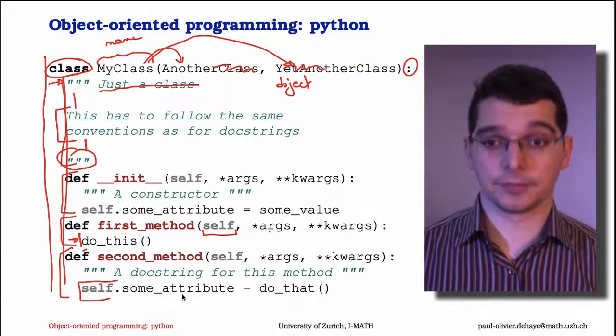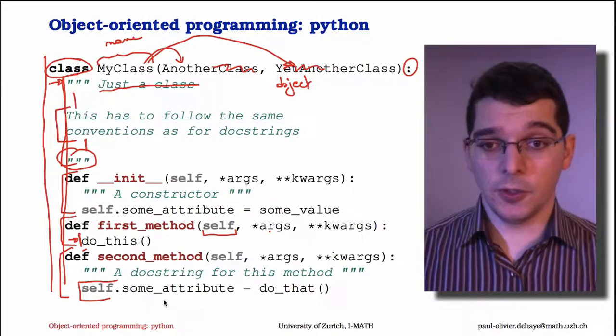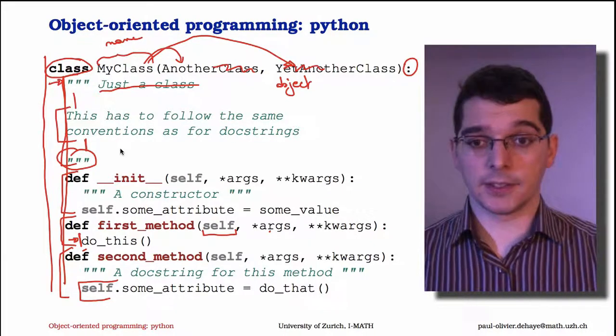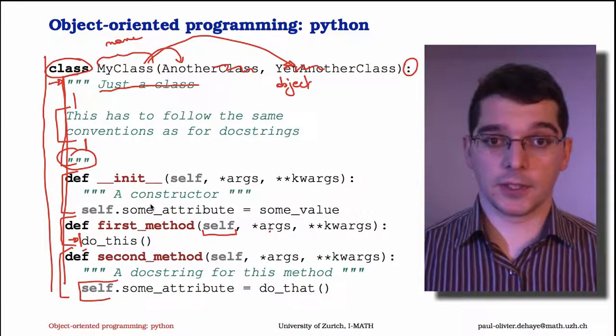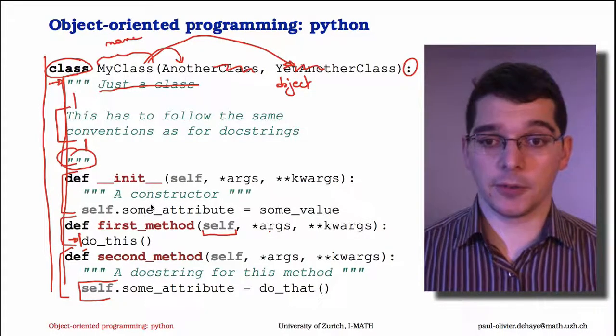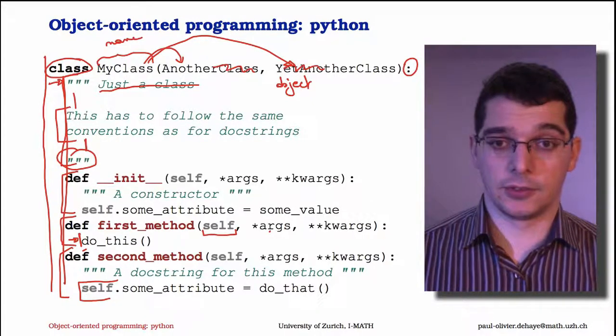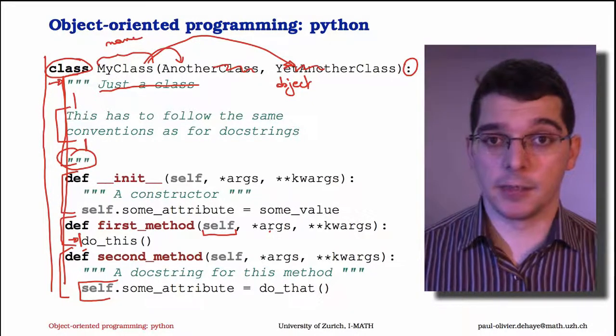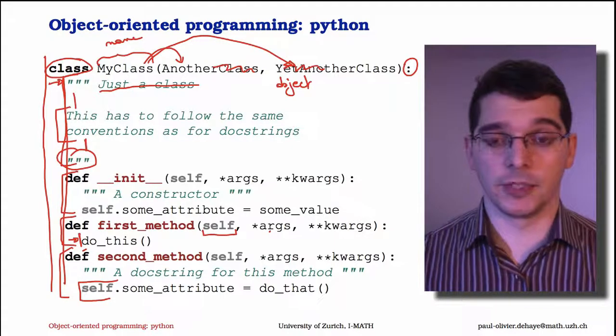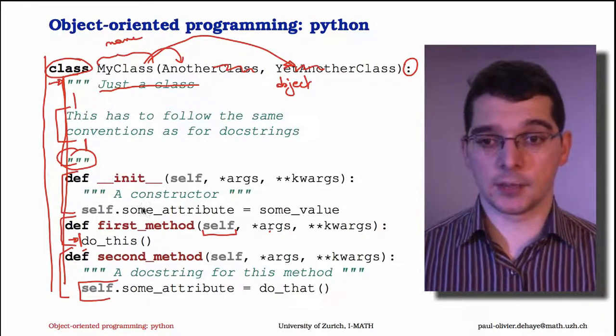Like this one. This is all good, but I didn't talk about init. So what does init do? Init is what's called a constructor. The principle of init is similar to what you would do when you initialize an imperative program by defining some variables that you will need and so on. This is what is done here.